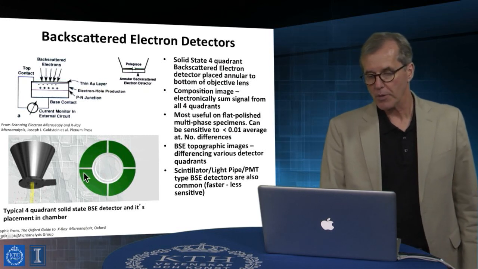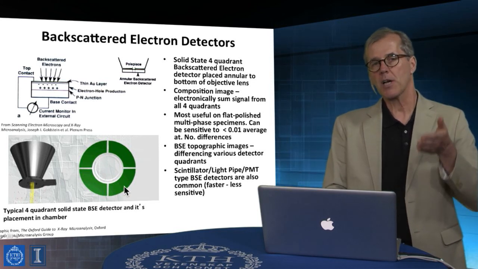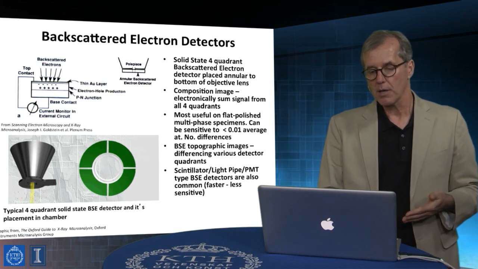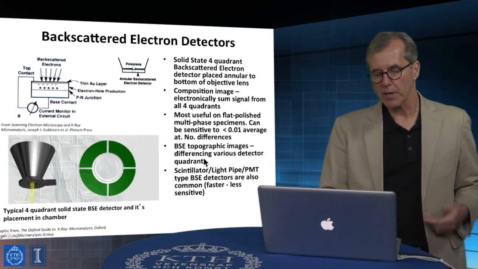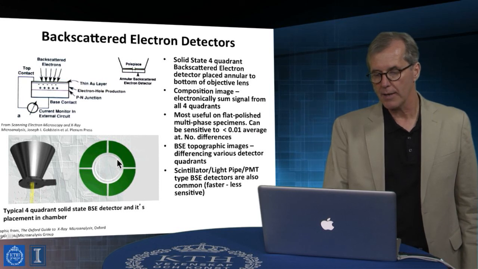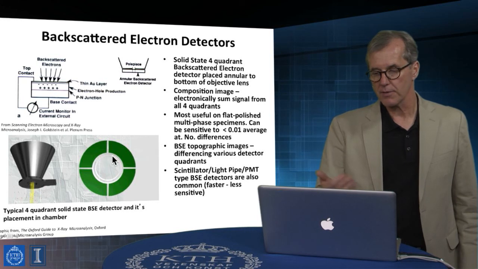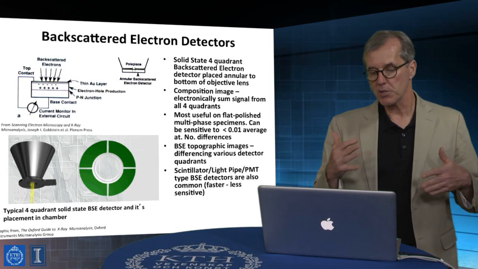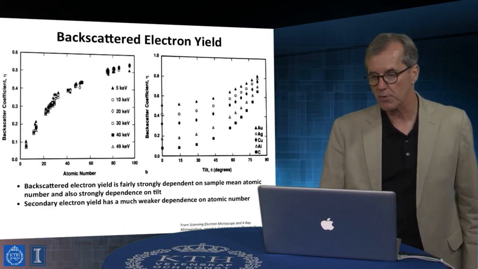The current I measure at this device comes primarily from electrons with high kinetic energies, whereas most of the secondary electrons go in one direction. The ones coming back at this detector are largely comprised of high energy electrons. Then we can separate the components of a backscattered electron image from those associated with secondary electrons.